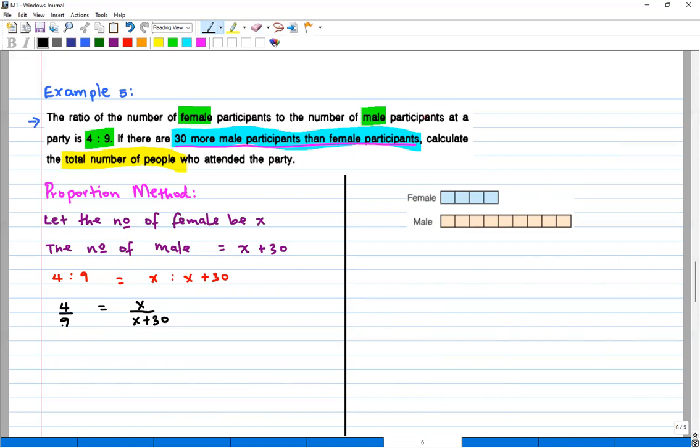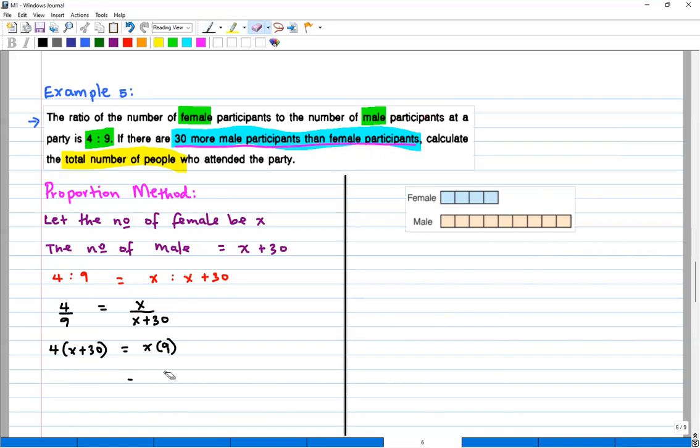So that we have 4 times X plus 30 is equal to X times 9. So this will be 4x plus 120 is equal to 9x.